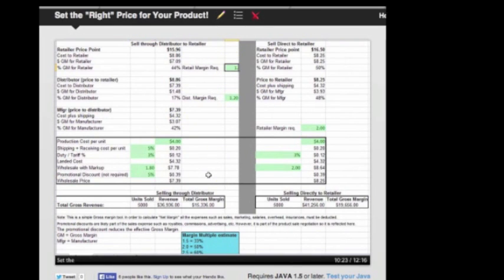So we'll do 1.9. Okay, so now look what happened. The price point with working with a distributor and the price point selling you direct is almost the same, and they're probably going to round it up to $16.99 anyway. So now you've got price points that work, and it's only dropped down your costs a little bit.